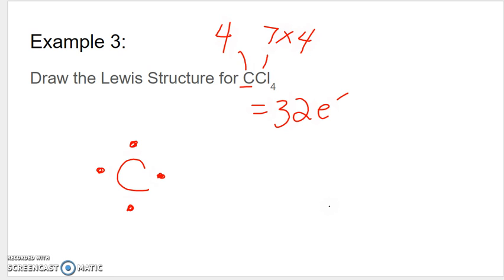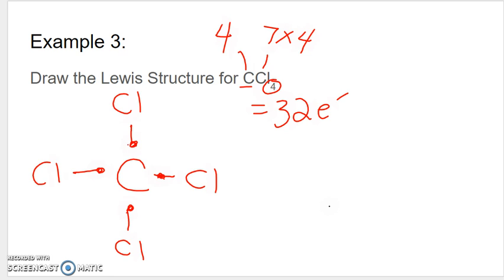You're going to make some bonds. You have 4 chlorines all around it: Cl, Cl, Cl, Cl. One thing you want to remember is you also would like to look for things that are nice and symmetrical. That makes atoms happy too. So you have your 2, 4, 6, 8 electrons used currently.